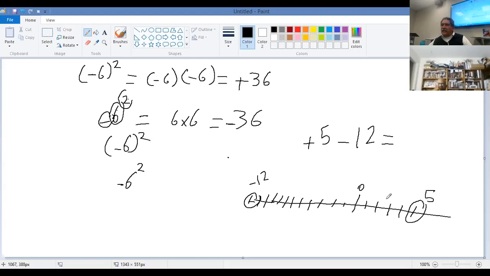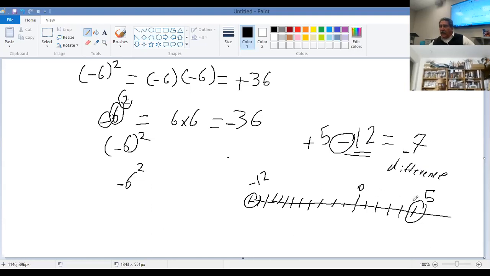When we are adding integers that have different signs like this, we are actually finding their difference. We're actually subtracting. So you subtract 5 from 12, which gives 7, and put the sign of the larger number: -7.